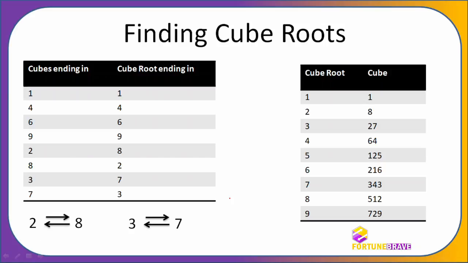We will observe, like we have observed in squares, what is the last digit for the cube and the cube root. See here, 1. Does it appear again anywhere? No, last digit only I am talking about, not any digit. 8, does it appear again here?